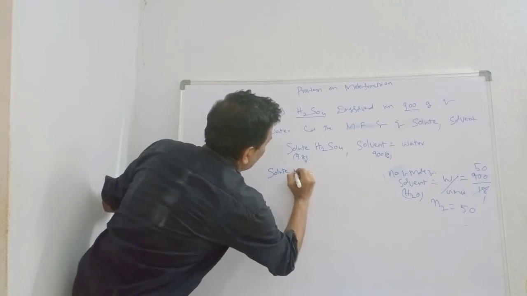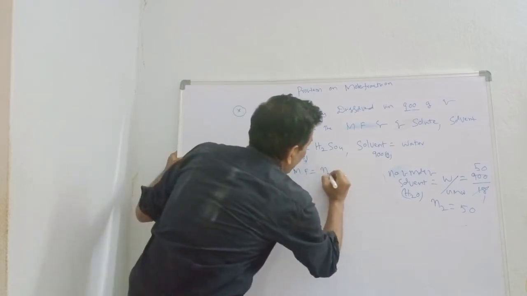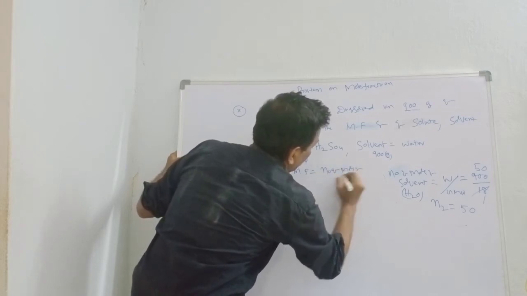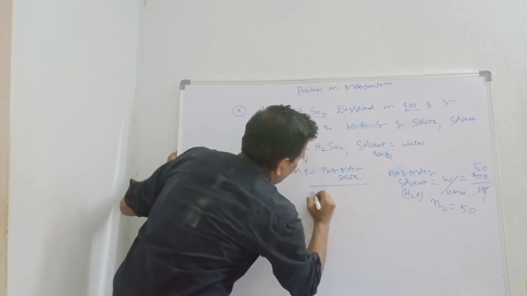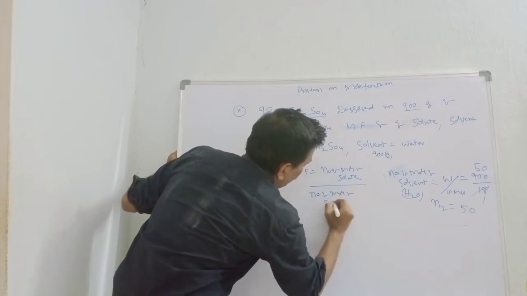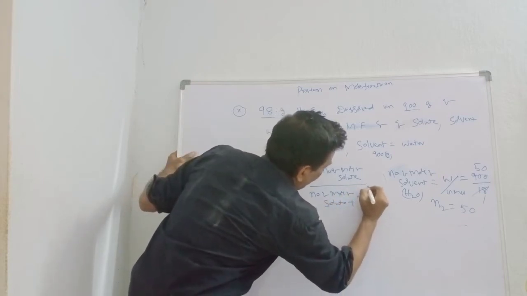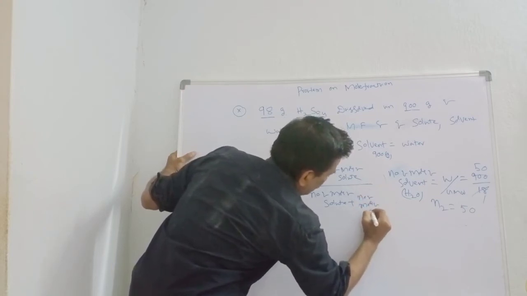Solute mole fraction is equal to number of moles of solute upon number of moles of solute plus number of moles of solvent.